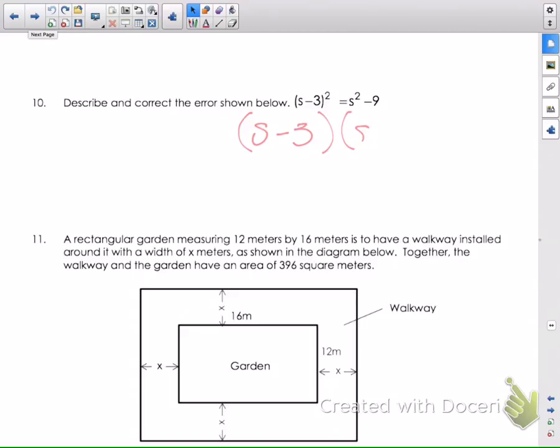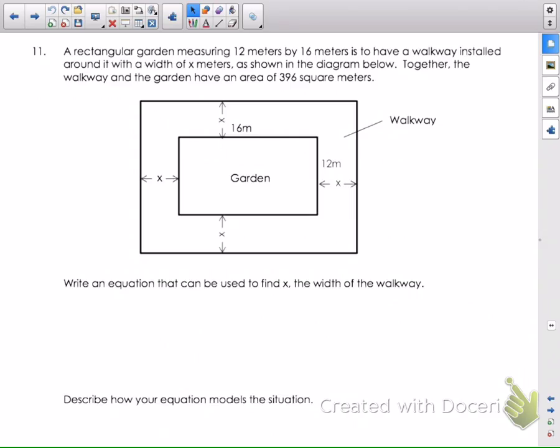S minus 3 times S minus 3. So what do I actually have to do with that? The box or distribute fully. Take a minute and do that. On 11, we're going to do several different things like this.